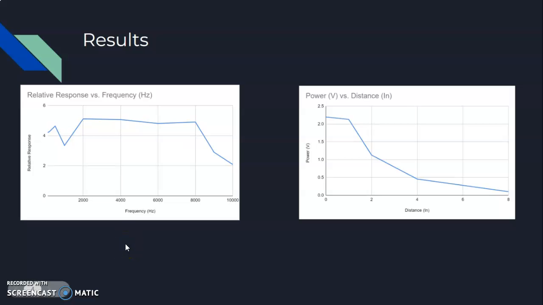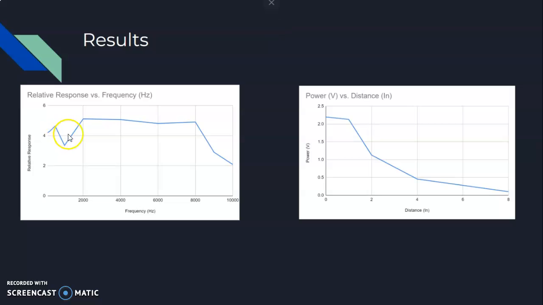The formula was the power of the microphone over the power of the audio jack. As you can see, the microphone picked up a higher magnitude at the same frequency.